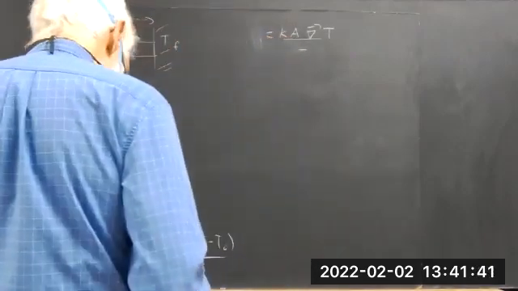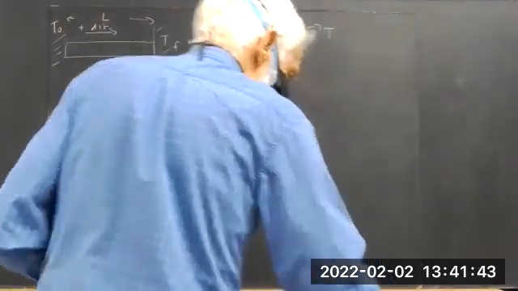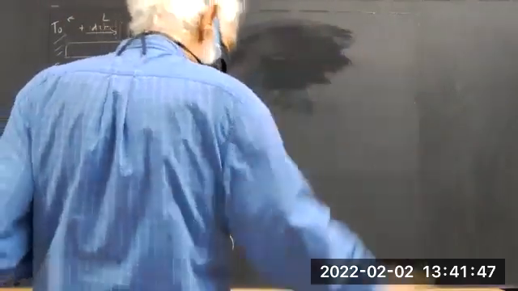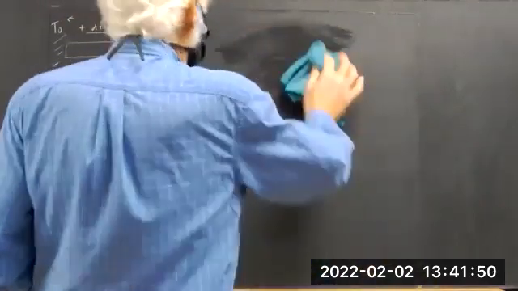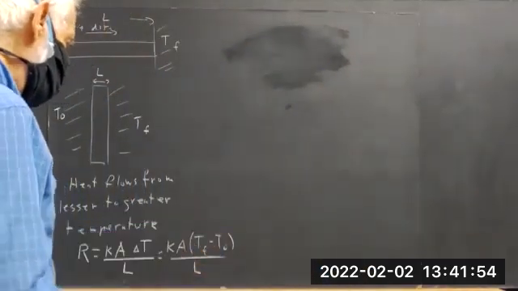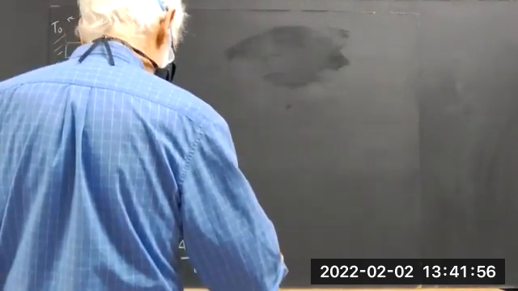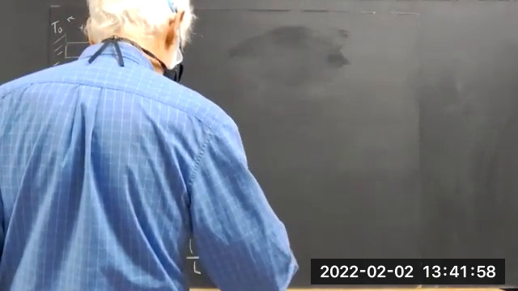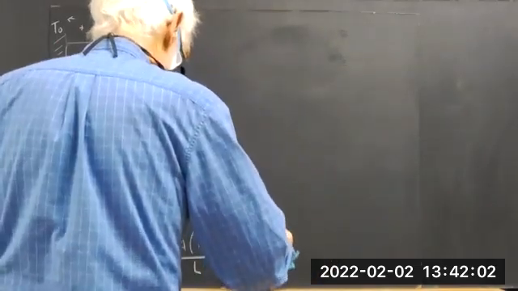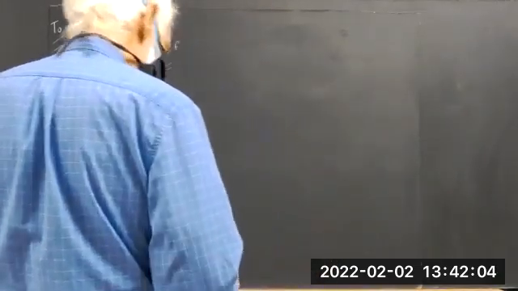Well, I'm just going to leave it at that. You do the gradient. We'll still talk a little bit more about that later. I don't want to get into that. But this TF minus T naught, and actually when I did the temperature gradient is with respect to the length.